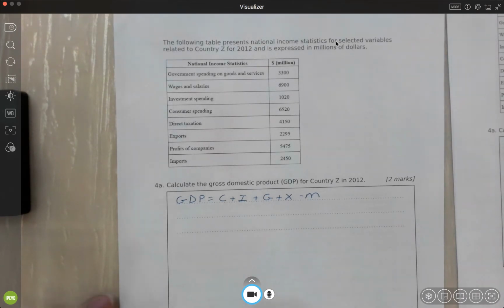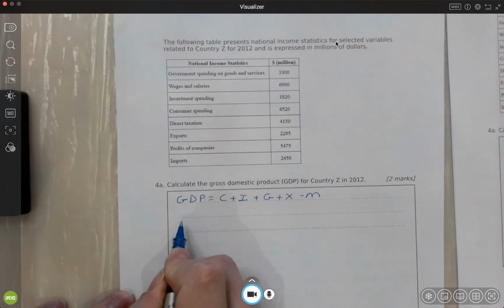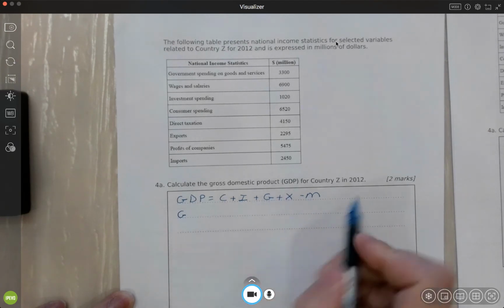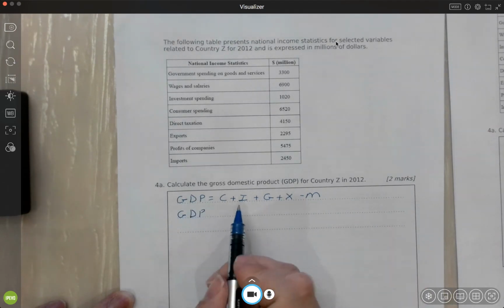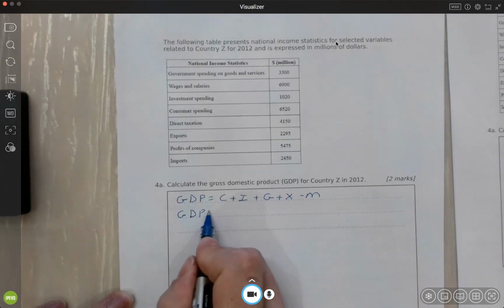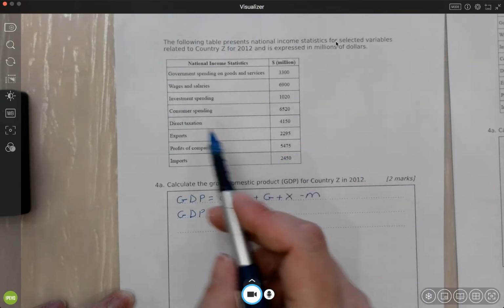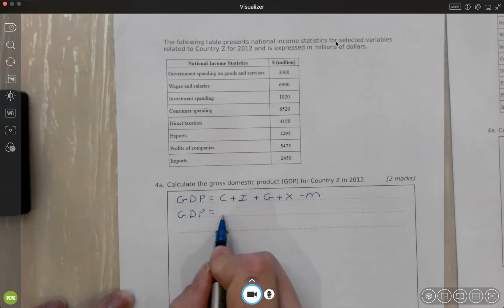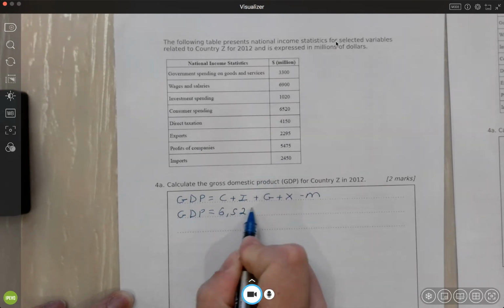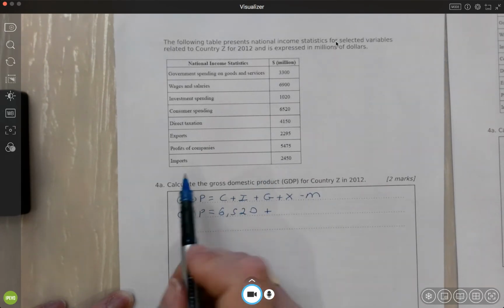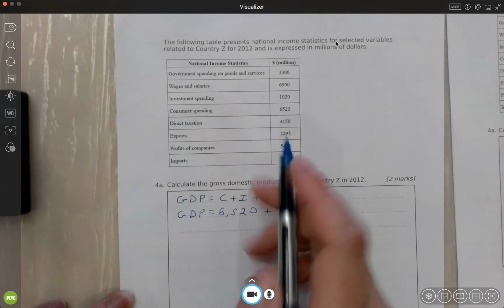Now, we have GDP. Okay, calculate gross domestic product. So GDP, surprisingly, equals C plus I plus G plus X minus M. So what's consumption? Well, I have to find it first. 6520. What's investment? Again, I have to find it. Investment is 1020.